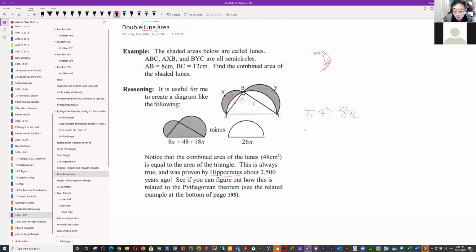And the other one is pi multiplied by 6 squared, equal to 18 pi. So basically 8 pi plus 18 pi plus 48. 48 is just 8 multiplied by 12 divided by 2. And then we minus 36 pi.